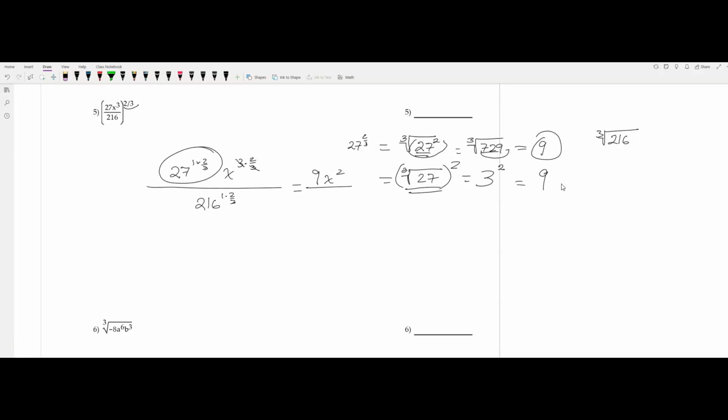So I want to put the cubic root of 216, and I know that it's 6 times 6 times 6, and then raise it to the power of 2. So this is 6, and I'm going to square it, and that's equal to 36. So it's going to be 9x squared over 36.